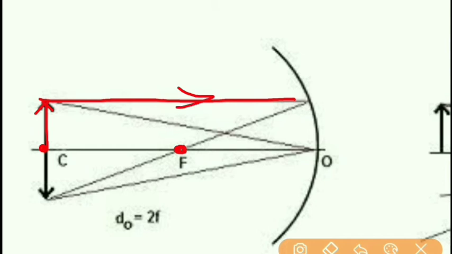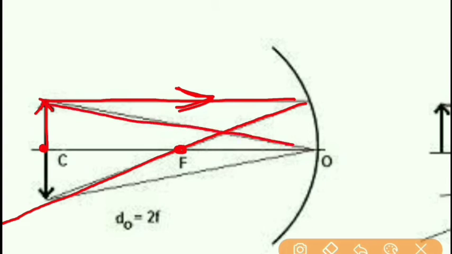So this is the incident ray. After reflection, we know that it will pass through the focus. Then the second ray we have considered is directed towards the pole. After reflection, it will pass through this point. So you can see after reflection, both the rays meet at this point, and where they meet, the image is formed at that point. And so this is the image.